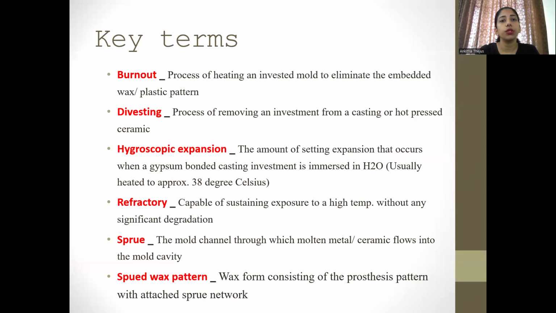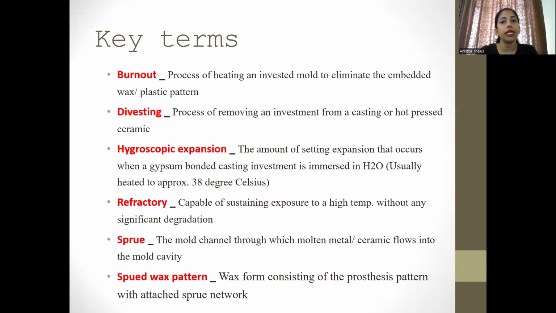So before we move on to the details about this chapter, we will be discussing a few of the key terms. First term is burnout. It's a process of heating an investment mold to eliminate the embedded wax or plastic pattern. Next term is divesting.